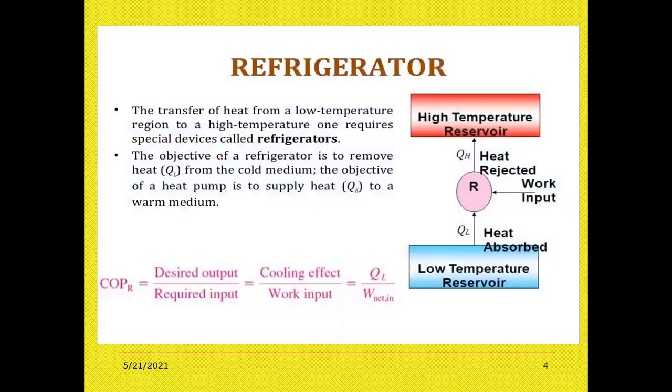Generally you know the meaning of a refrigerator, right? Absorbing the heat from the cool body and ejecting it to the hot temperature reservoir. Transfer of heat from a low temperature region to a high temperature region requires special devices known as refrigerators or freezers.